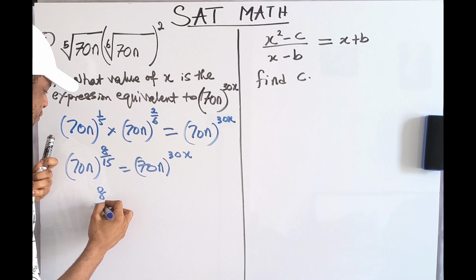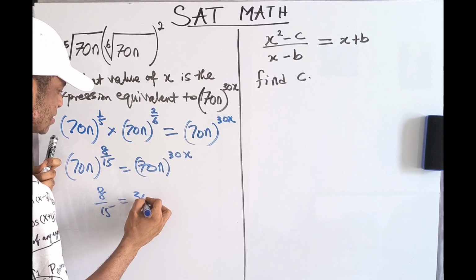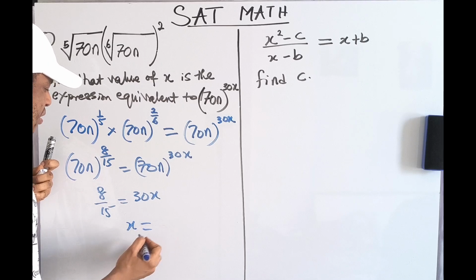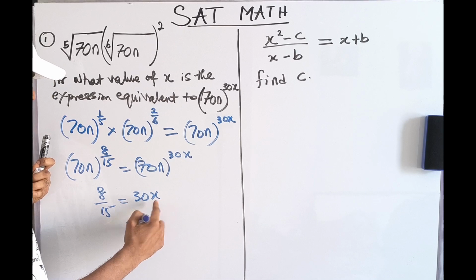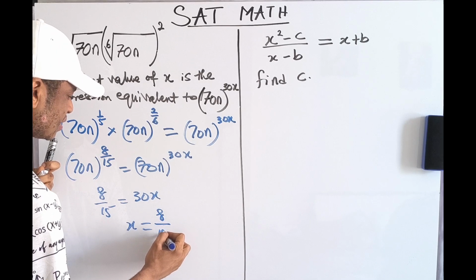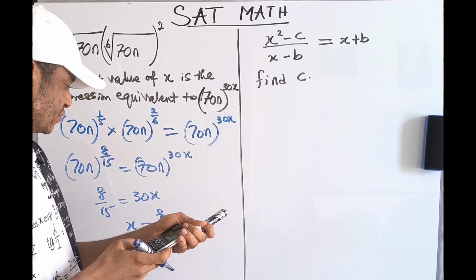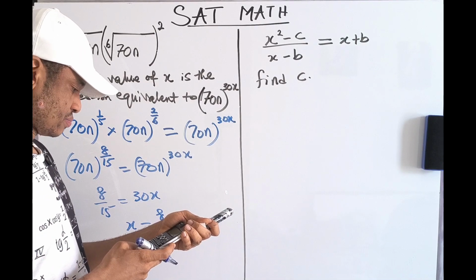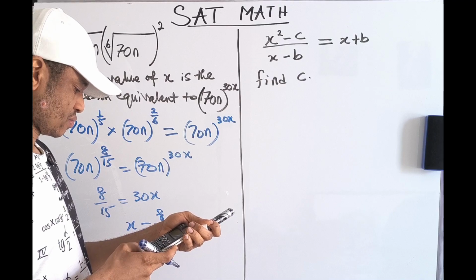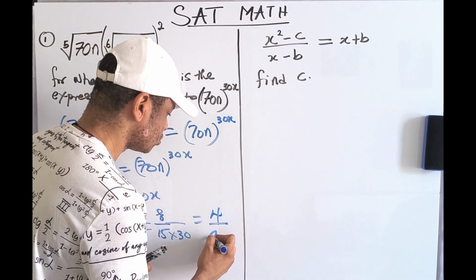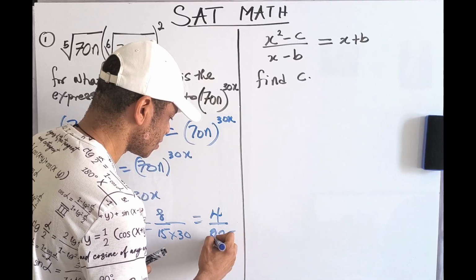So 8 over 15 is equal to 30x. So I cross multiply, so my x will be 8 over 15 times 30. Then that will give me 4 over 225.